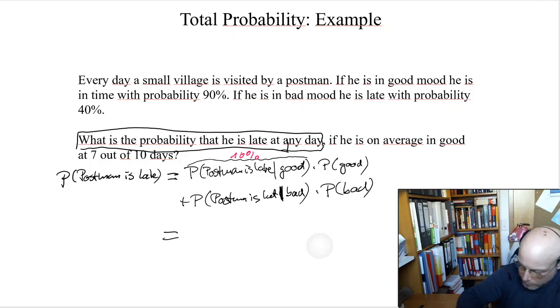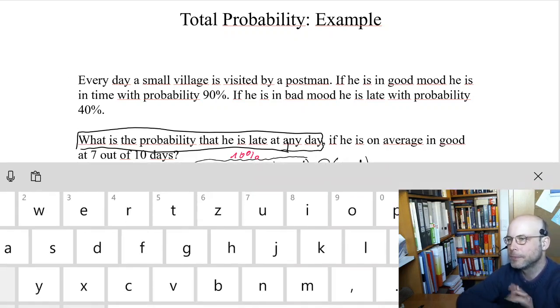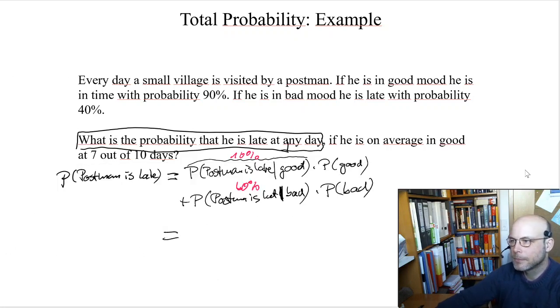This is 40, of course. And then what is the probability to be in good mood? 70. And then the complementary event, bad mood, is 30. Great.